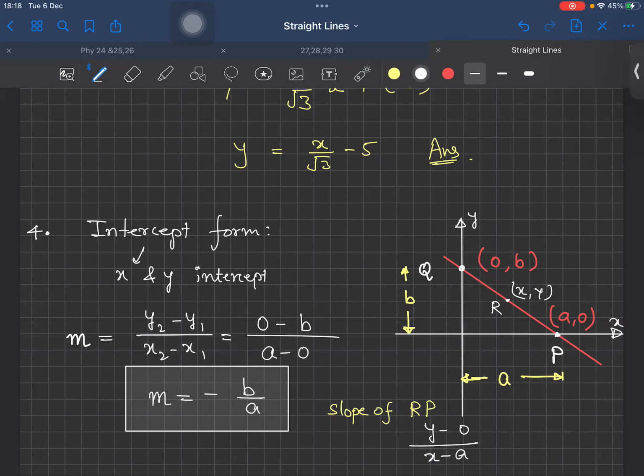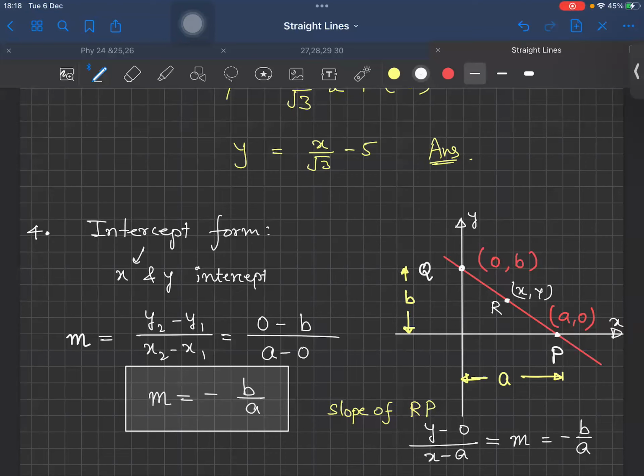Right? Yes or no? Yes. And this is also equal to M, because it's the same line, no? If the line is the same, the slope will remain the same, isn't it? Which is equal to minus B by A. Is that okay? If it is not, I will explain you again.